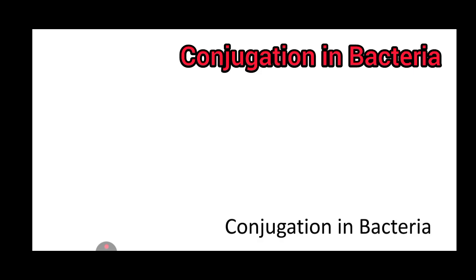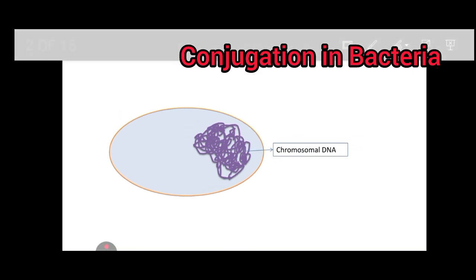Another important thing to note is that conjugation is otherwise called horizontal gene transfer in bacteria. This enables the organism to spread important traits such as antibiotic resistance genes. With this brief introduction, let me move on to the next slide.